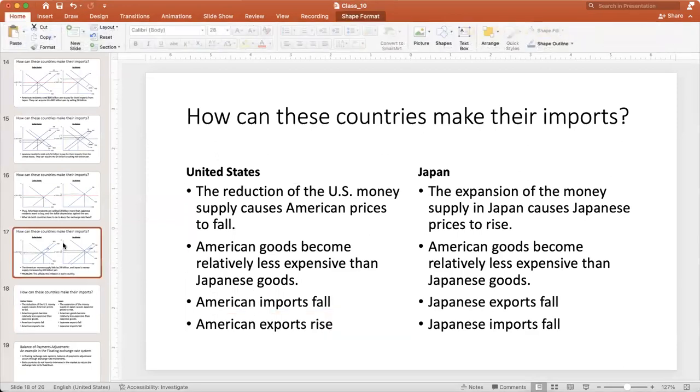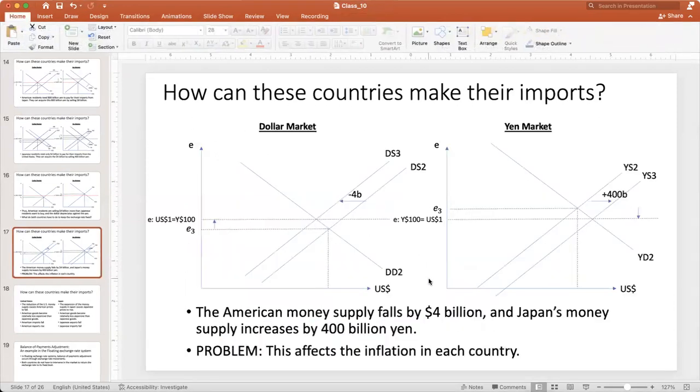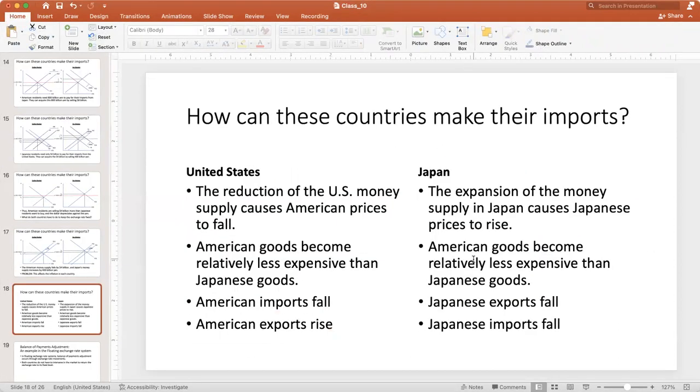The Japanese central bank has to expand the yen supply. And because of that, the expansion of the money supply in Japan causes Japanese prices to rise. Why? Because they are injecting liquidity in the Japanese economy. So people have more money in their pockets, so they are willing to buy more and more.